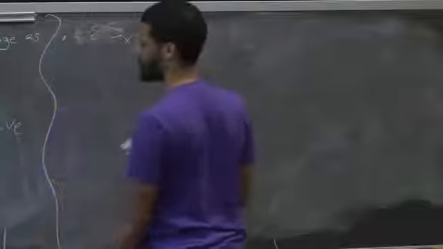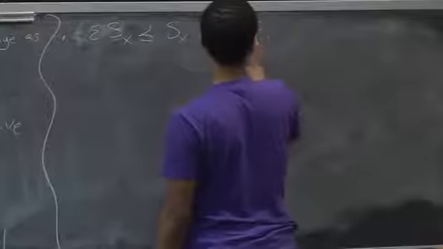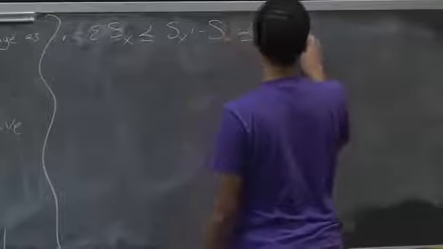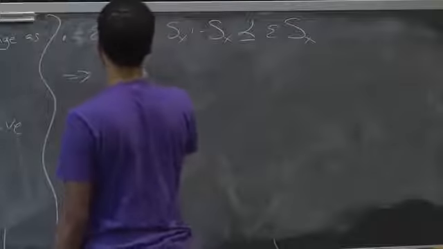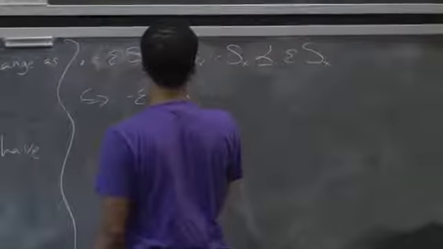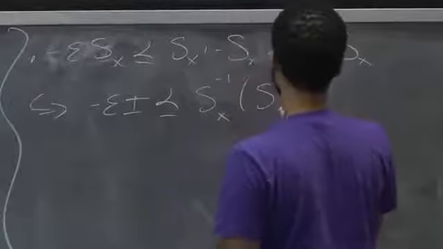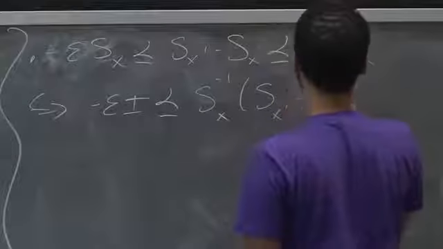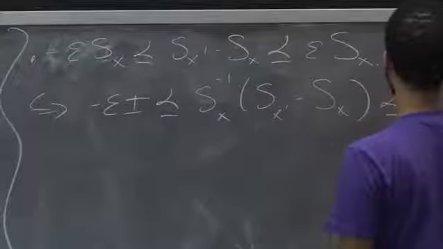I want minus epsilon times slack of x to be at most slack of x prime minus slack of x, to be at most epsilon times slack of x. So minus epsilon times the identity is at most slack x inverse times (slack x prime minus slack x), at most epsilon times the identity.